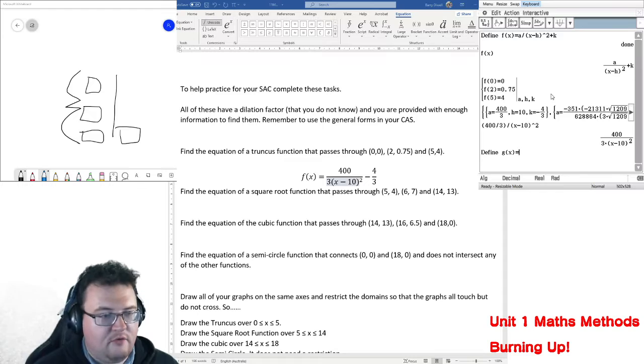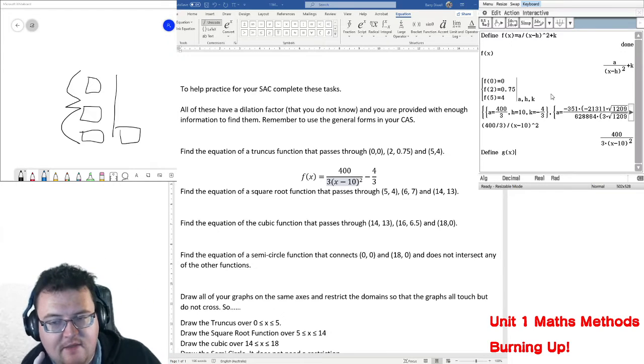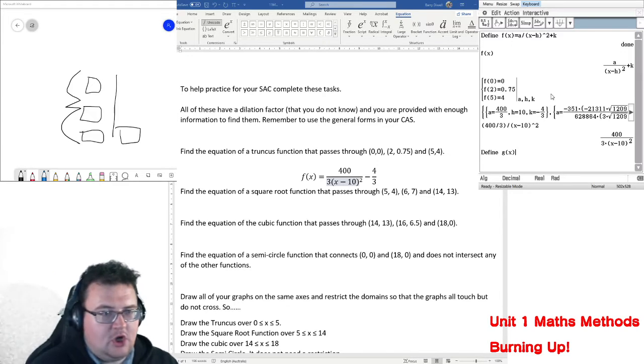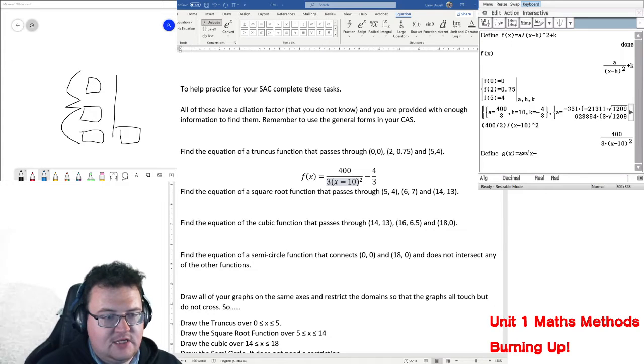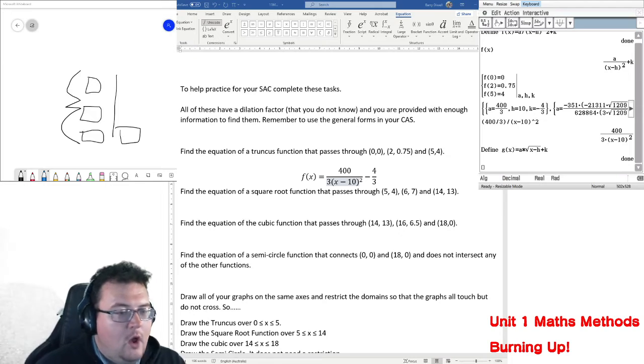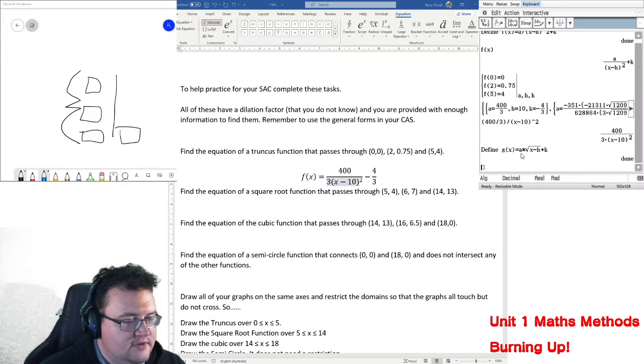The next one says a square root function that passes through 5, 4, 6, 7, and 14, 13. So that's going to be equal to a multiplied by the square root of (x minus h) plus k. Now, it's important to remember that when you do this on your CAS, when you type the a and the square root, you put that times symbol in.